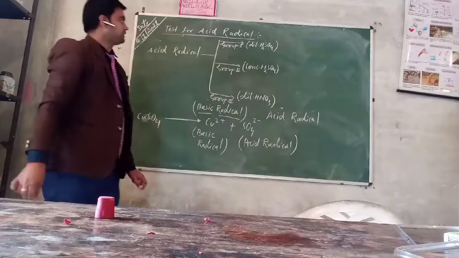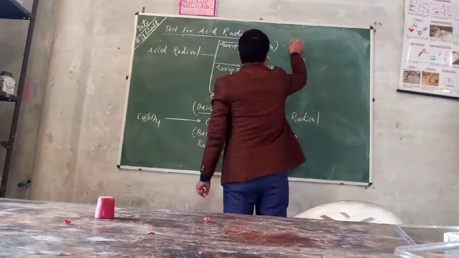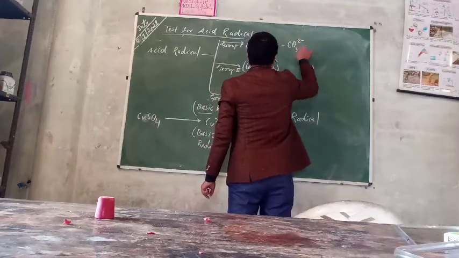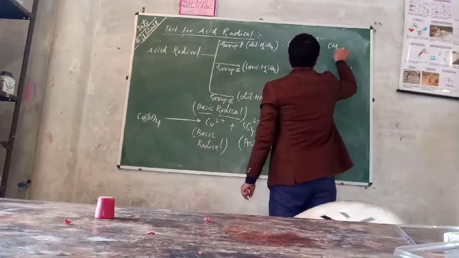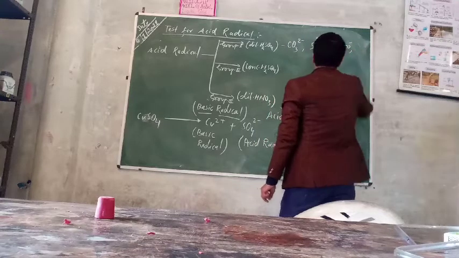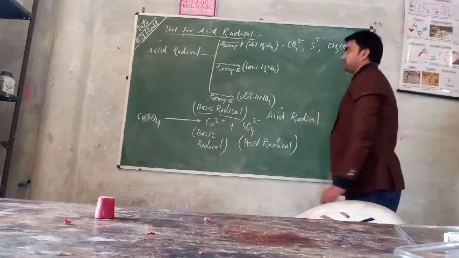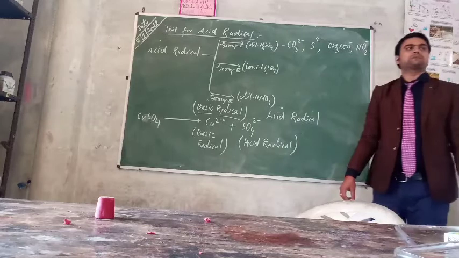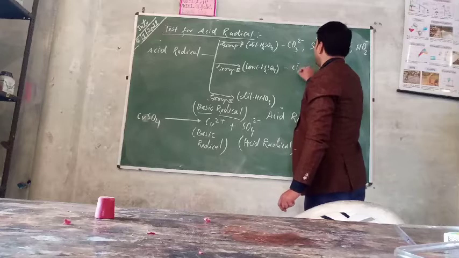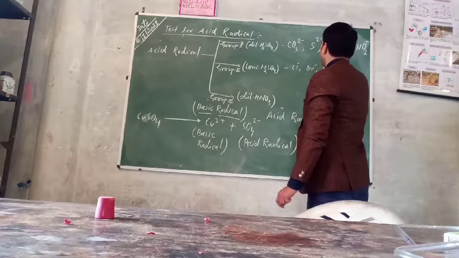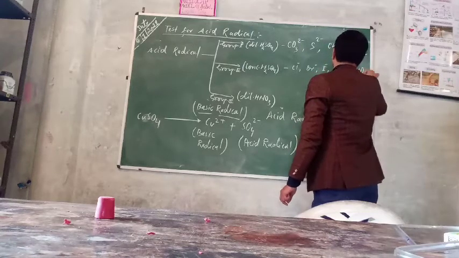When we talk about the acid radicals present in group first, the radicals are carbonate ion, CO3 2 minus, sulfide ion, S2 minus, acetate ion, CH3COO minus, and lastly NO2 minus, the nitrite ion. In group second: chloride ion, bromide ion, iodide ion, oxalate ion and nitrate ion.